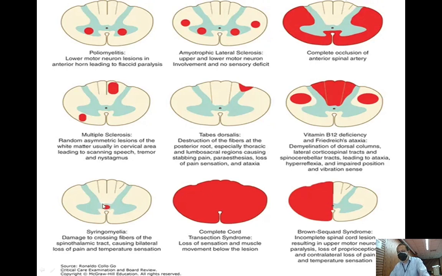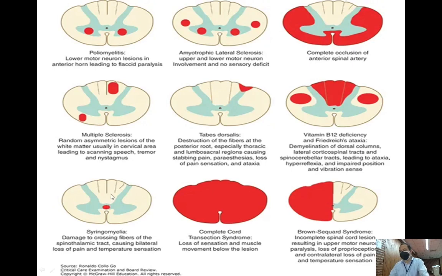So in syringomyelia, there is sometimes overgrowth of neuroglia and formation of cavities here. The cavity may enlarge, involving not only the gray matter but the white matter as well. Because it's going to affect the tracts, you may have some features of upper motor neuron lesion if the tracts are involved.